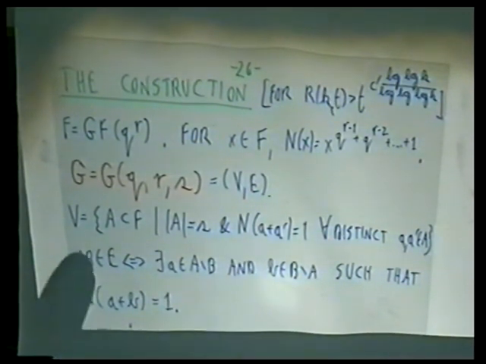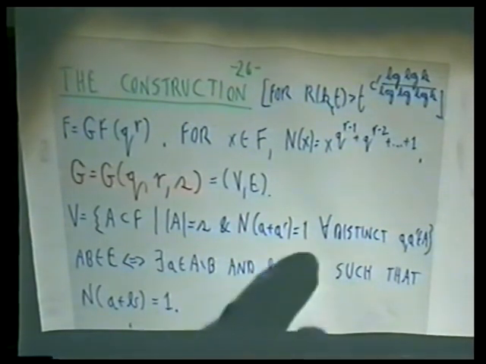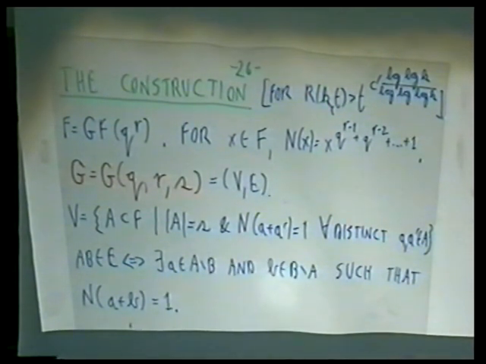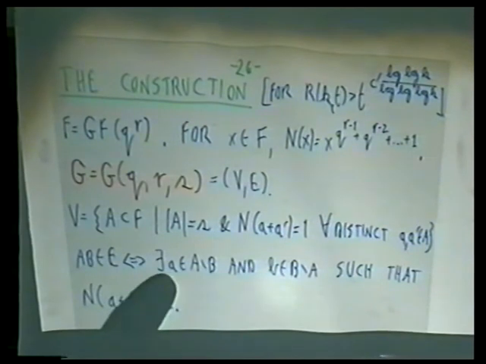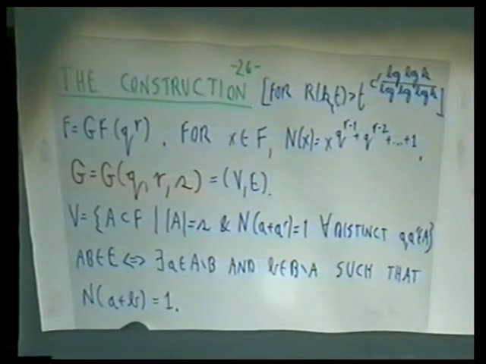It's not so crucial. And here is a graph. The vertices of the graph are sets of elements of size s, but not just any sets, sets such that the norm of every sum of two elements in the set is 1. Two are adjacent if there is a little a in A minus B and a little b in B minus A such that the norm of this sum is also 1.